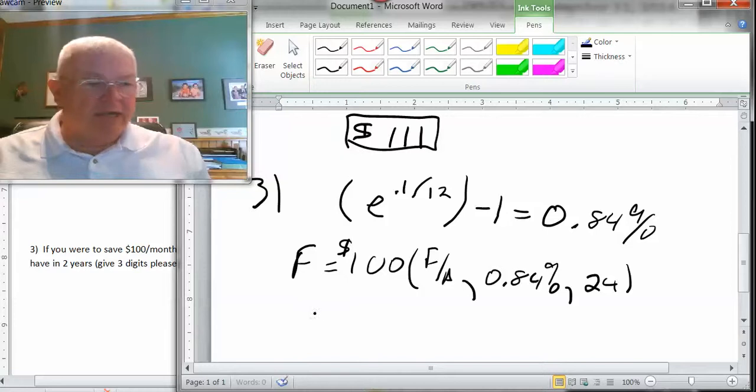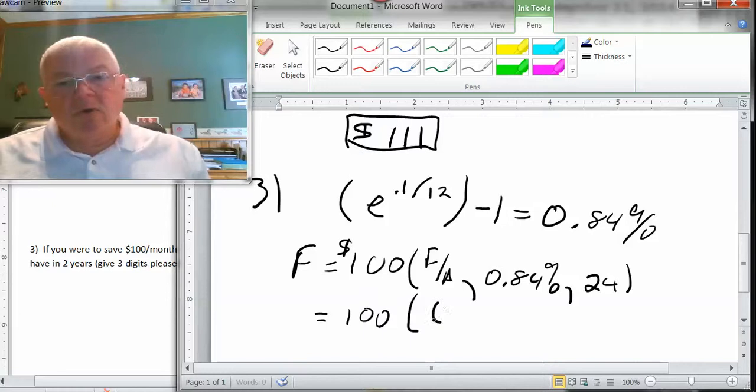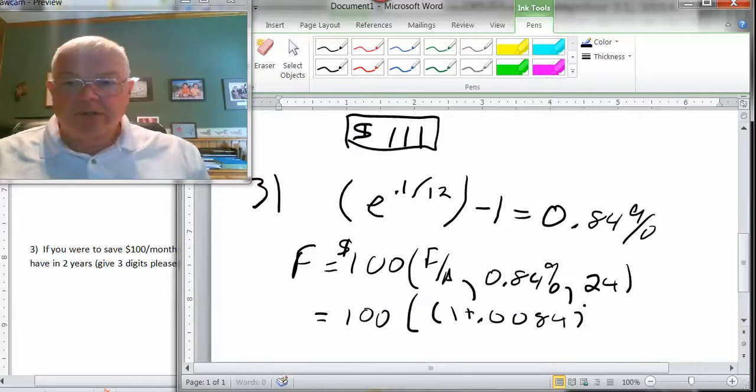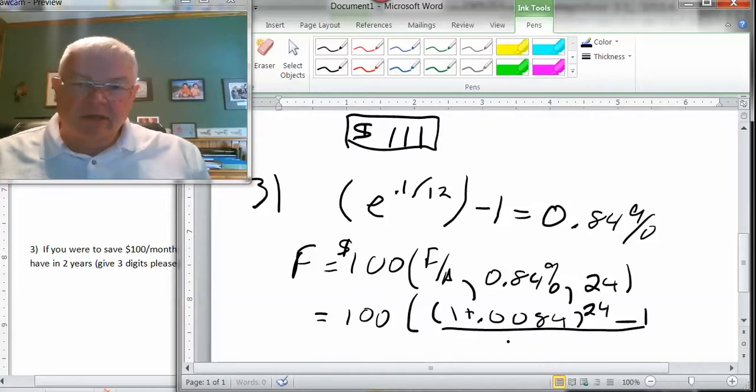And so we'll just write it out this time. 100 times 1 plus 0.0084 to the 24th power minus 1, divided by 0.0084.